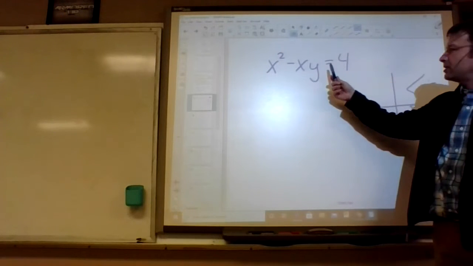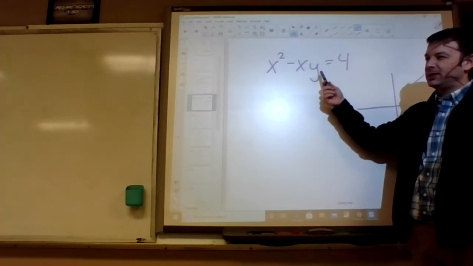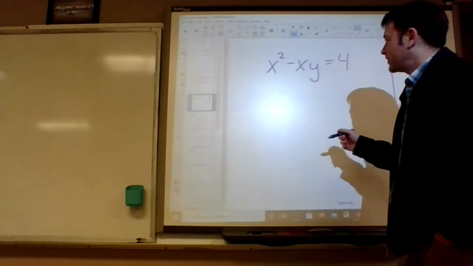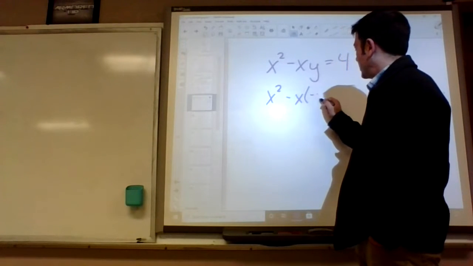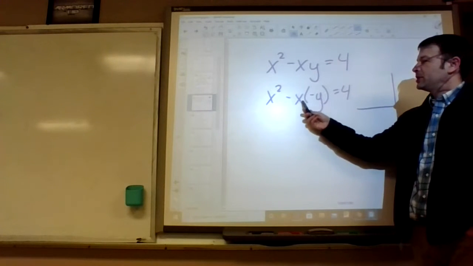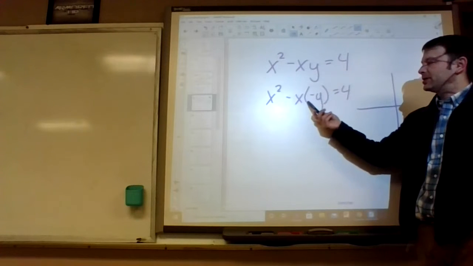So on the equation, if we switch y to negative y, does it change the equation? That's how you can tell. So if I switch the y value to a negative y value, do I have the same equation? That would become a plus xy basically instead of minus. So it's not symmetrical.